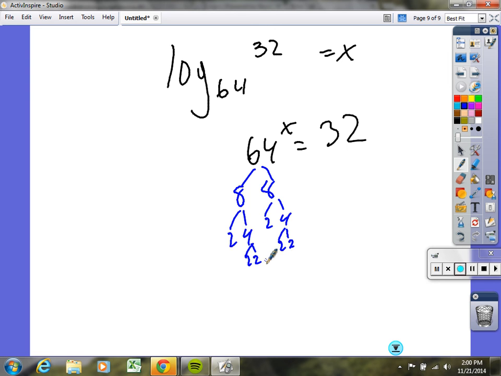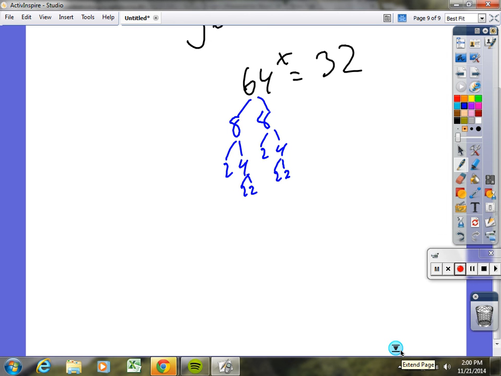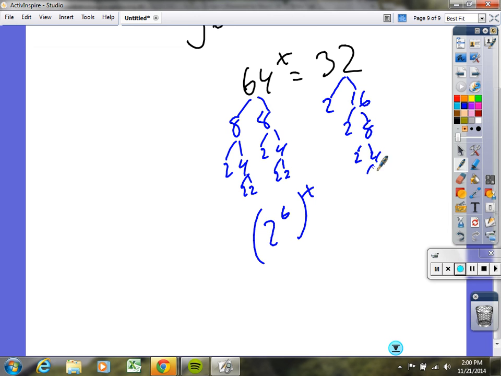How many 2s do I got there? 6. Does everybody see that? 2 to the 6th? 2 times 2 times 2 times 2 times 2 times 2 is 64. So that's 2 to the 6th raised to the x. What do you guys think 32 is? 2 to the 5th.